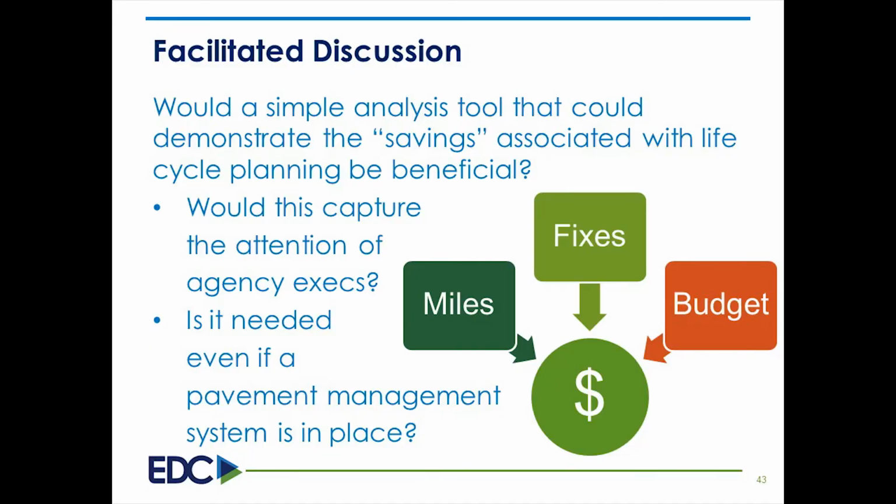So strategies that might help promote this life cycle planning. One of the ideas that was suggested was to develop some type of an app or some type of a tool that you could do a quick calculation. I'm thinking sort of like the forecaster tool that Washington State has, only maybe not as complex.